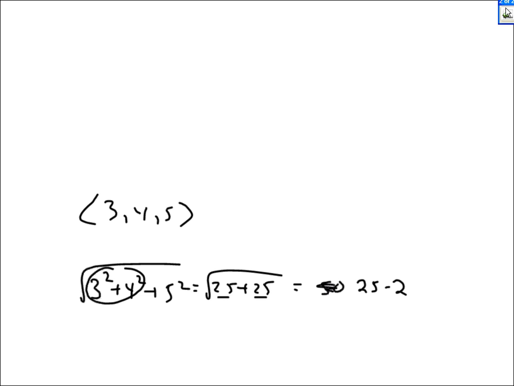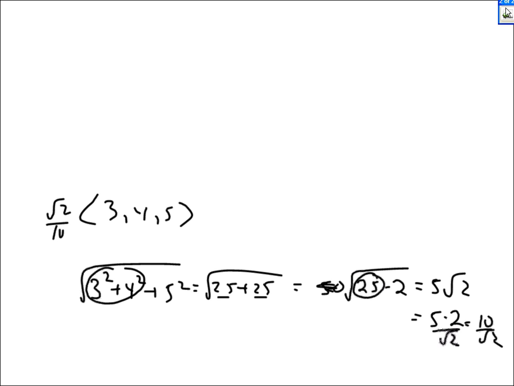Because if you have the same number, you know the square root of that number. That's friendly. The square root of 25 is 5, and the square root of 2 I don't know. So this is the same as 5 times 2 over the square root of 2, which is 10 over the square root of 2. So I divide by 10 over the square root of 2.